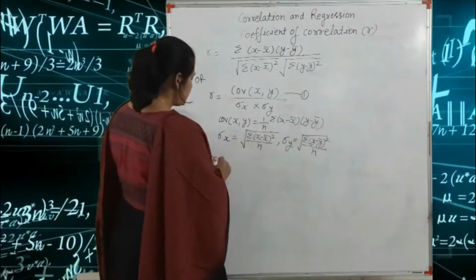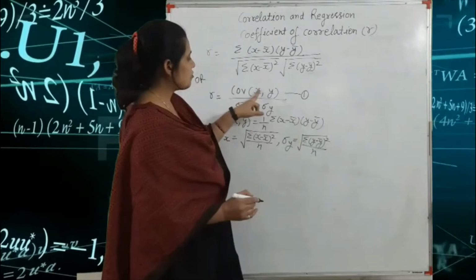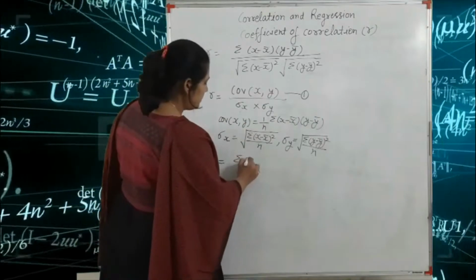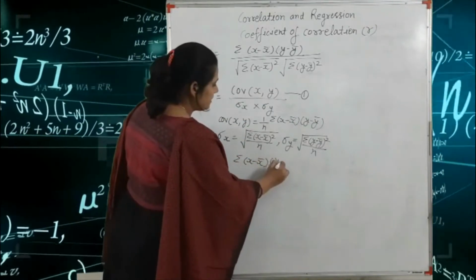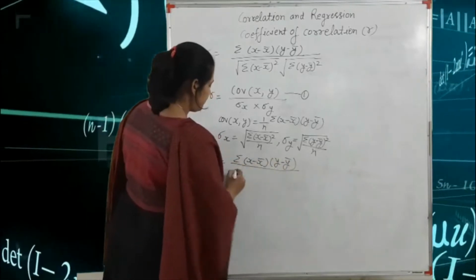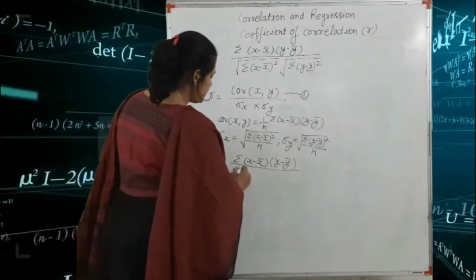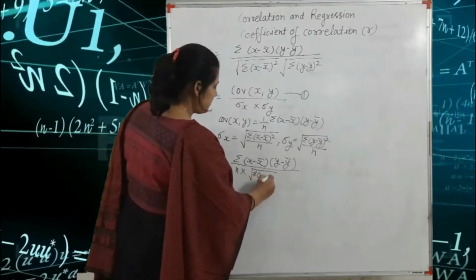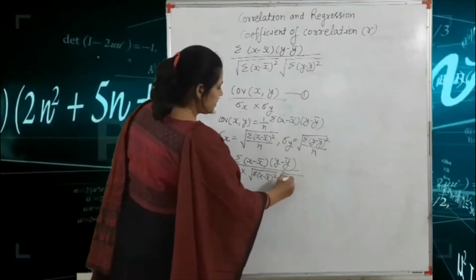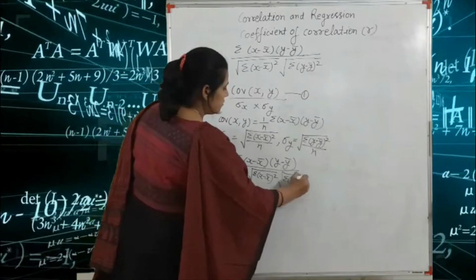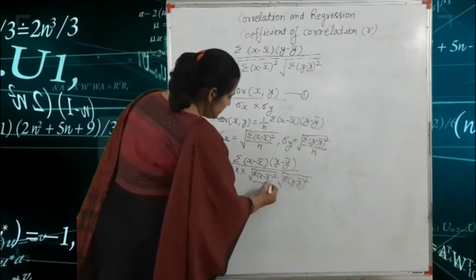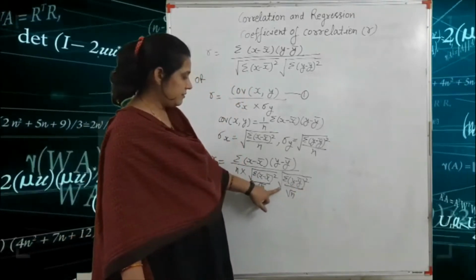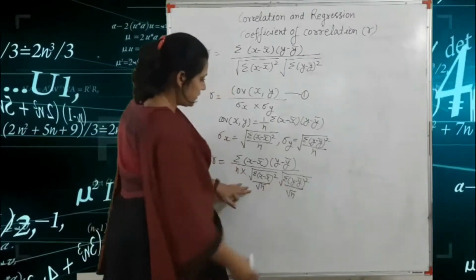So here r is equal to covariance of x comma y, which is 1 upon n summation (x minus x bar)(y minus y bar). Next, we put the value of sigma x, summation (x minus x bar) whole square, and summation (y minus y bar) whole square. Here we have root n and here also root n, so root n into root n is n.